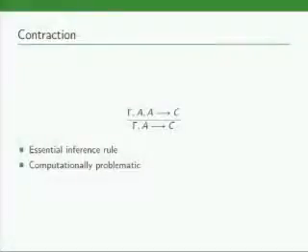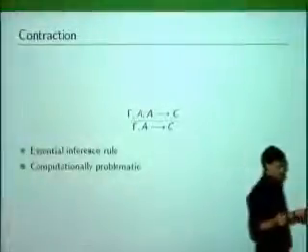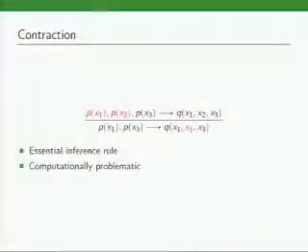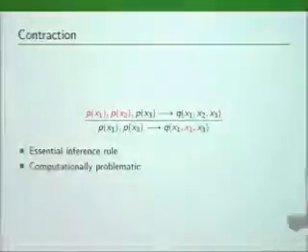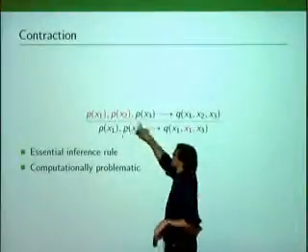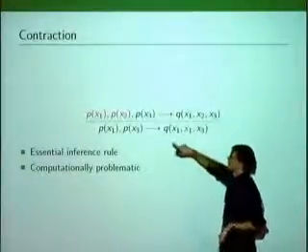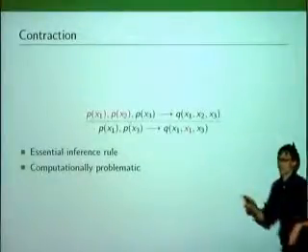Contraction is this inference rule. It just says, if you have two copies of A, you can throw away one copy. So it's a very simple thing. Unfortunately, it's extremely complicated to implement. The reason is that you can have nasty things like this happen. If you have P of x1, x2 and x3 shows this goal, there are lots of ways to contract this context.